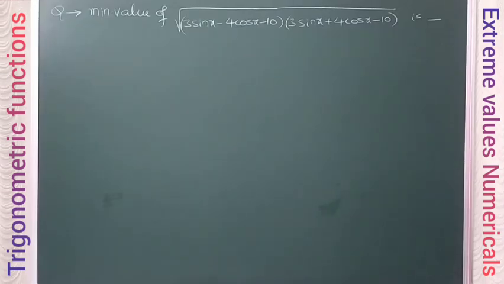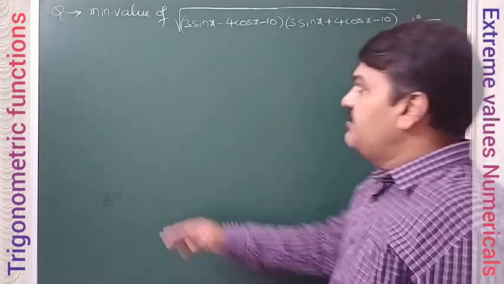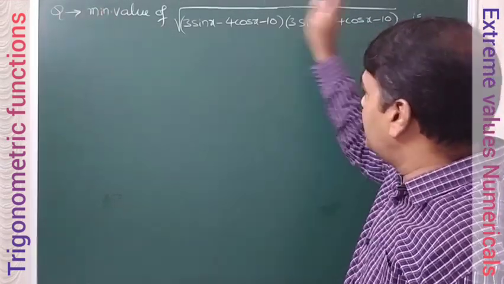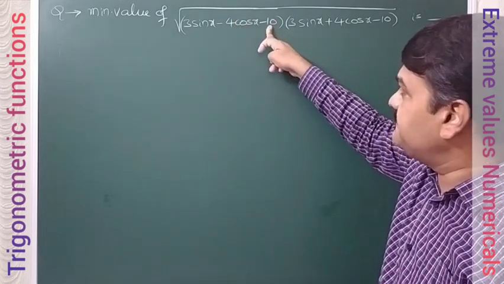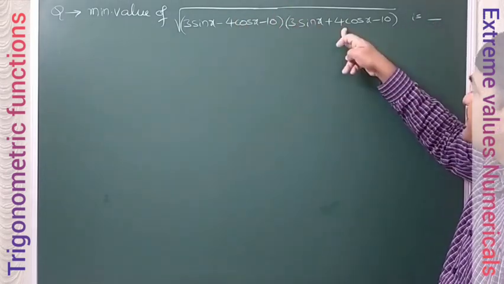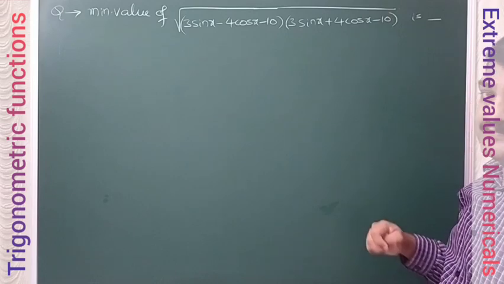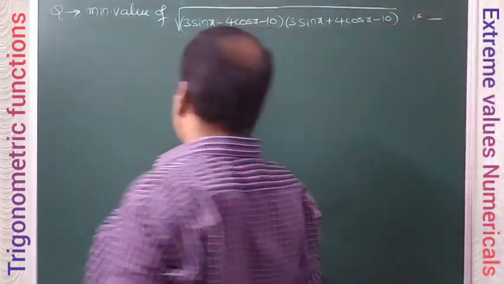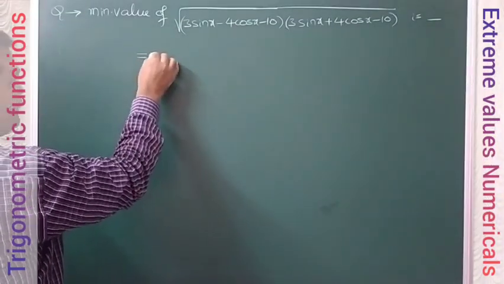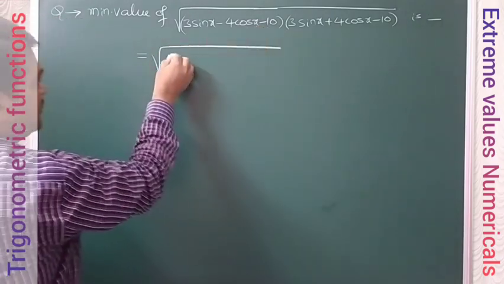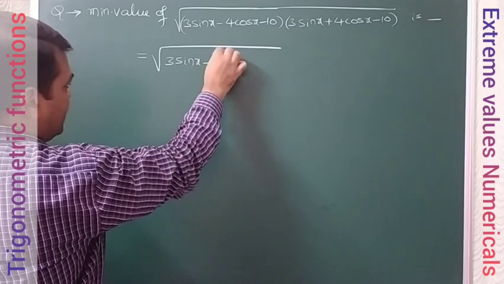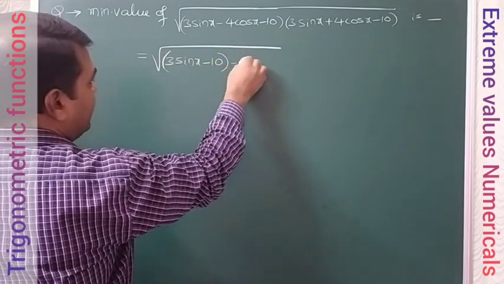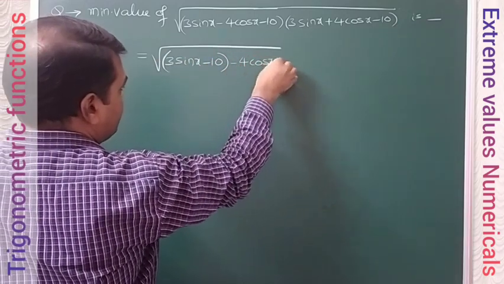Okay, so this is the next problem on the board. Minimum value of under root of (3 sin x minus 4 cos x minus 10) times (3 sin x plus 4 cos x minus 10). So I will rearrange the terms. 3 sin x minus 10 I will take as one part, minus 4 cos x.